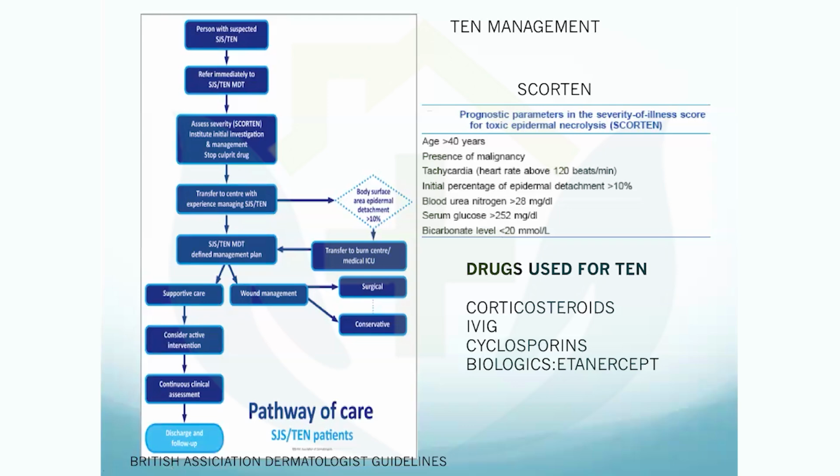So a SCORTEN more than 5 is associated with mortality. So it's very important you look into these criteria and you counsel the patient's party. And drugs used for toxic epidermal necrolysis are steroids, IVIG, cyclosporin, and biologics, mostly etanercept.